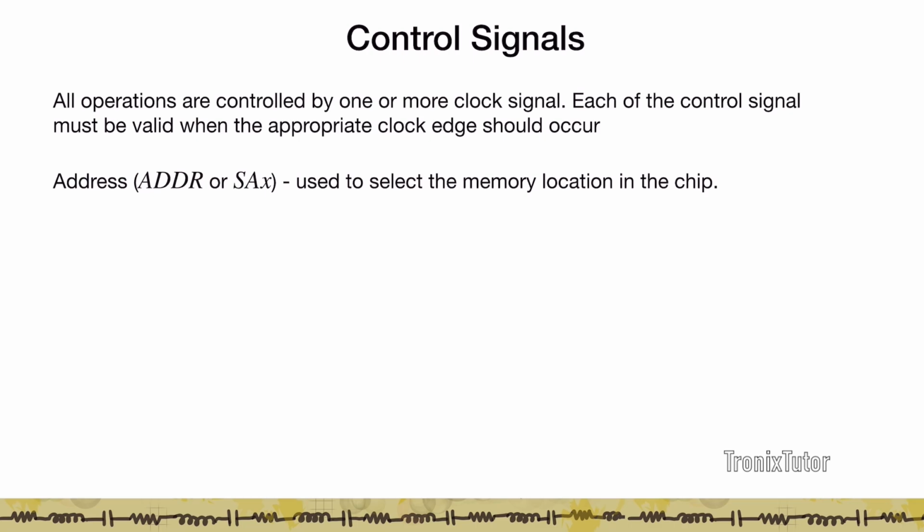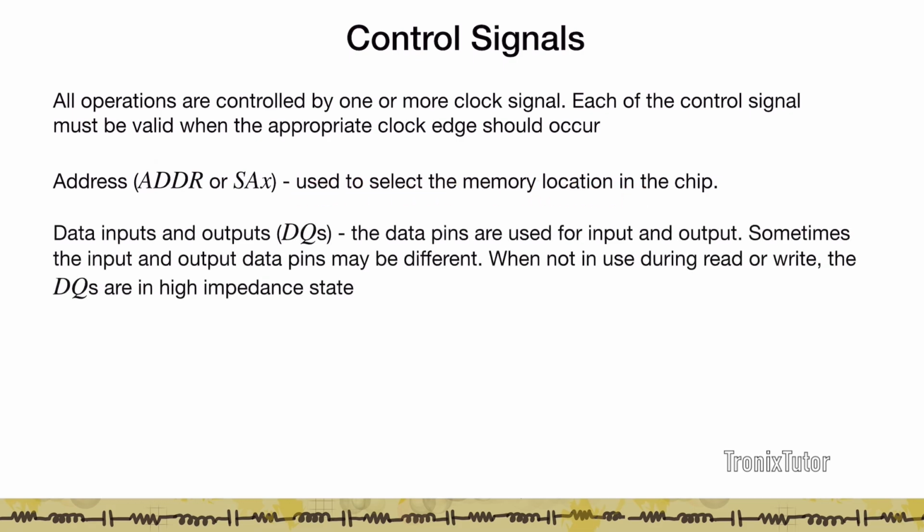The first signals are obviously the address signals, normally denoted as ADDR, and that's used to select the memory location in the chip. Beyond that, we have data inputs and outputs. We have data pins on which we place data when we want to write into the memory cell, and DOs denote the data output pins where the data becomes available once the read operation is completed.